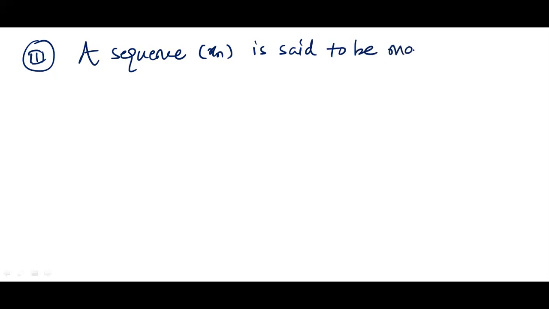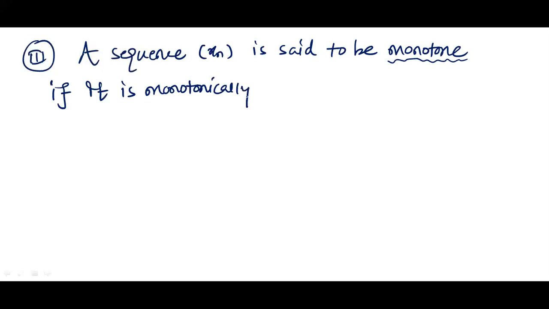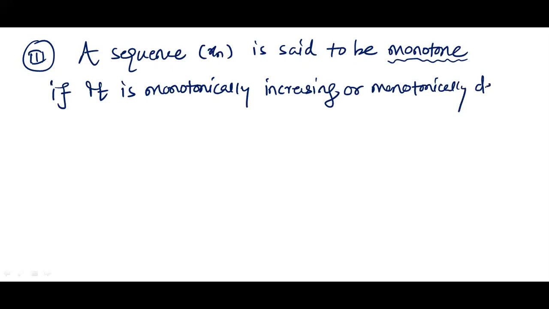Third definition. A sequence xn of real numbers is said to be a monotone sequence, or it is said to be monotone, if it is monotonically increasing or monotonically decreasing.